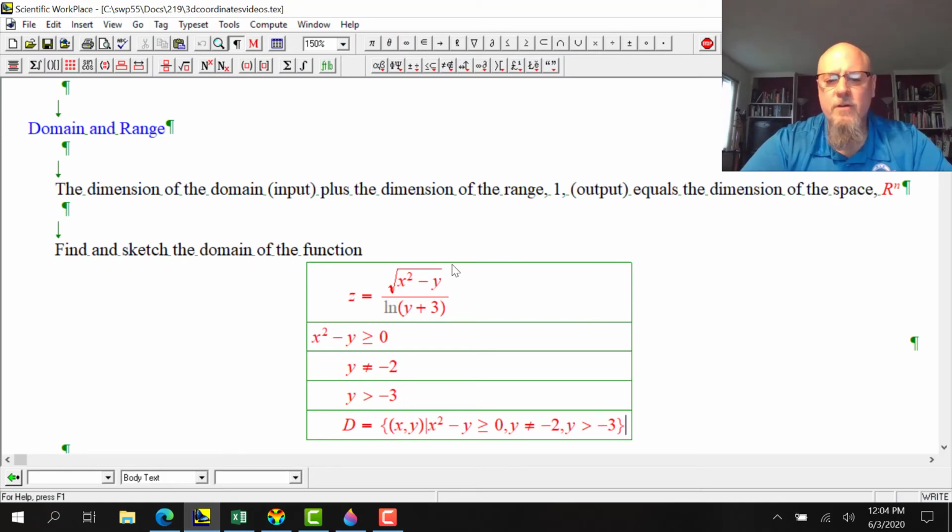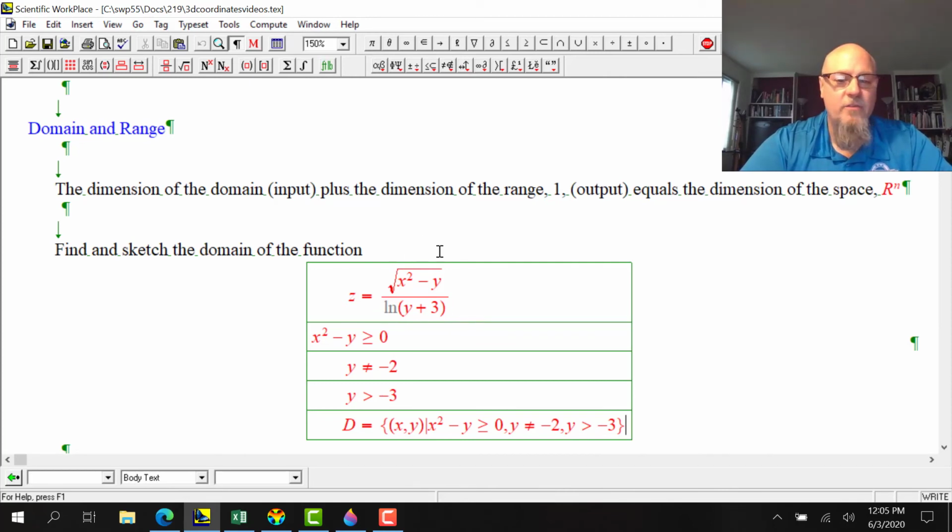What about the range of the function? Well, the range of the outputs. Because I can make y super close to minus 2, I can make the ln of this thing really close to 1, so I can almost divide by 0.